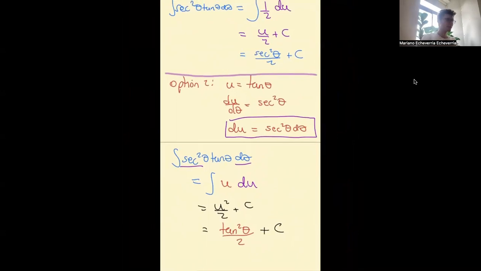Or is this completely unproblematic? Here we're getting tangent square of theta over 2 plus c, and here we're getting secant square of theta over 2 plus c, right? So is that okay? What about that? Does that seem good or not?